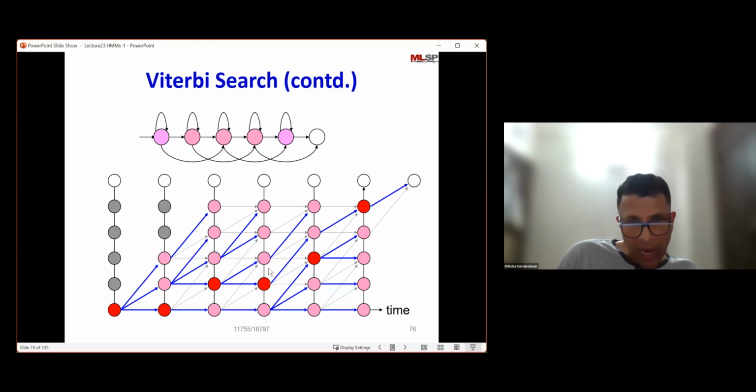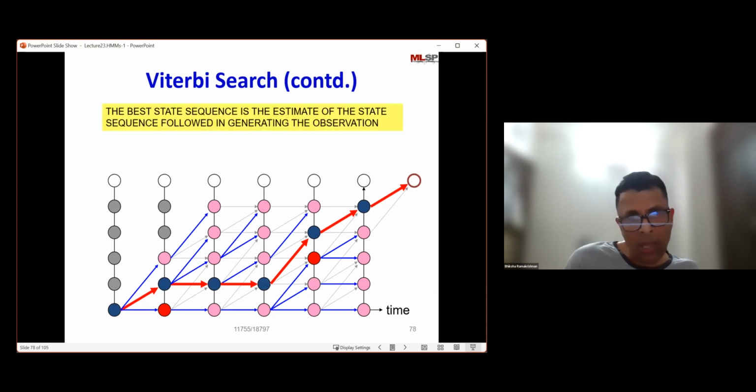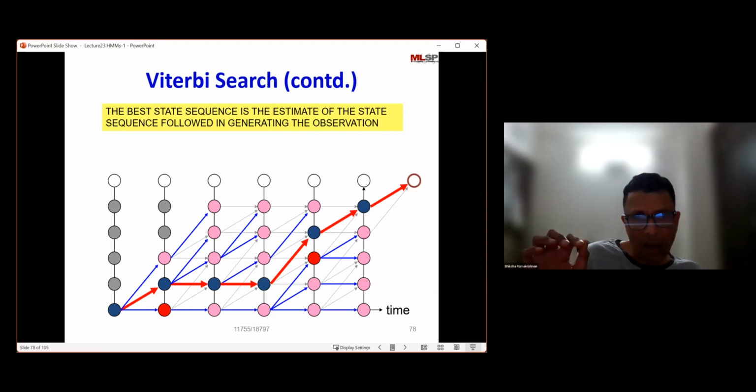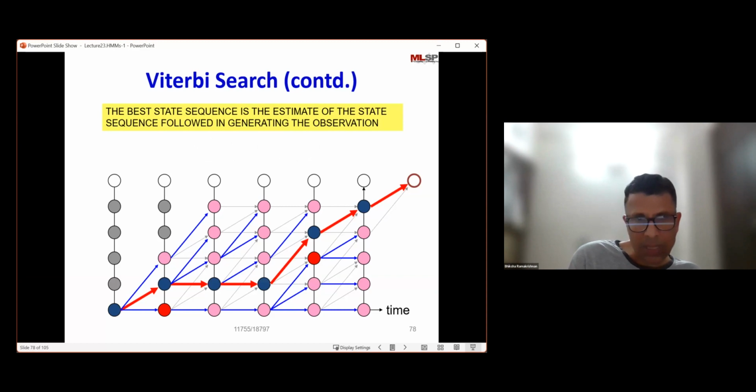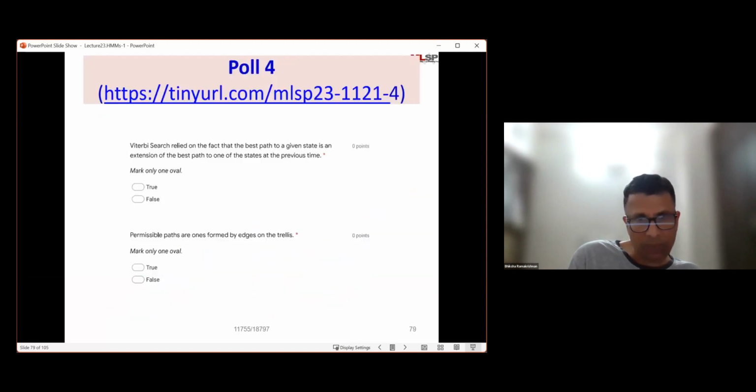Then I can just find out the best path probability to this absorbing state, find its best predecessor, find its best parent, and track my way back and find the most likely overall state sequence through the HMM. So the most likely state sequence over here is the estimate of the state sequence followed in generating the observation.